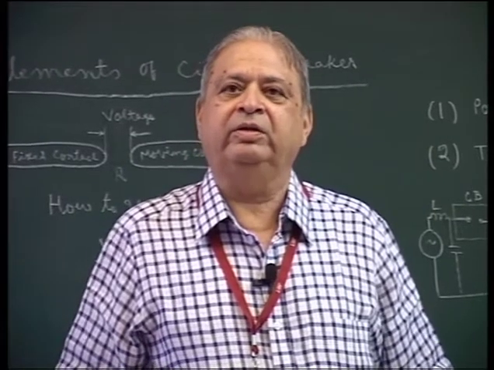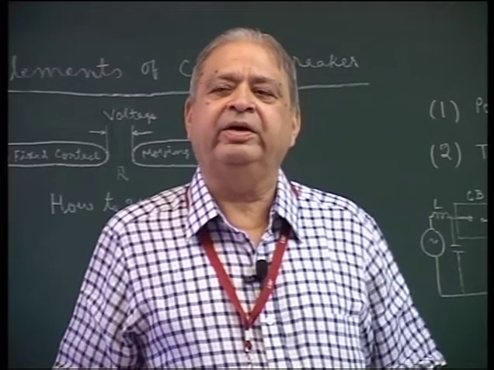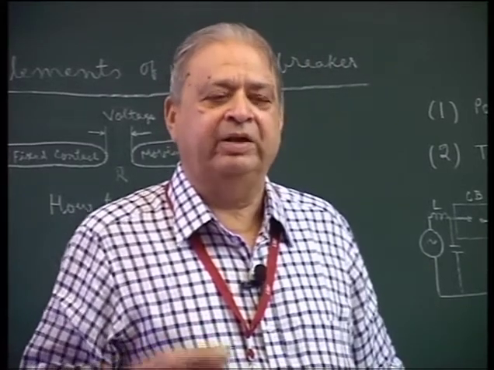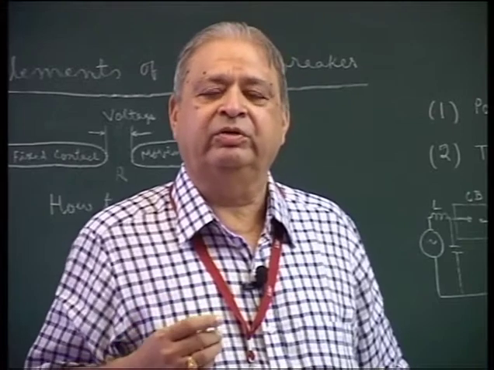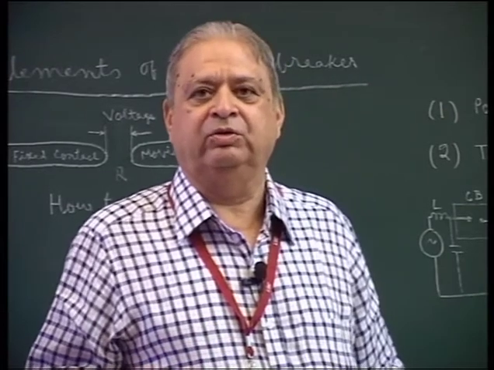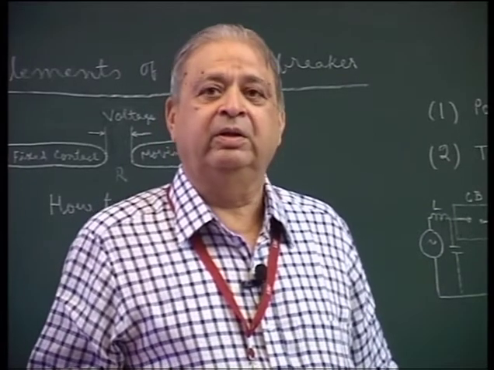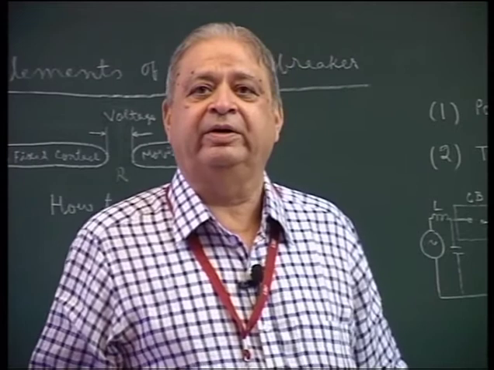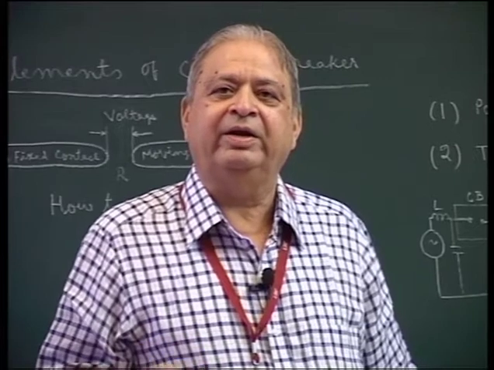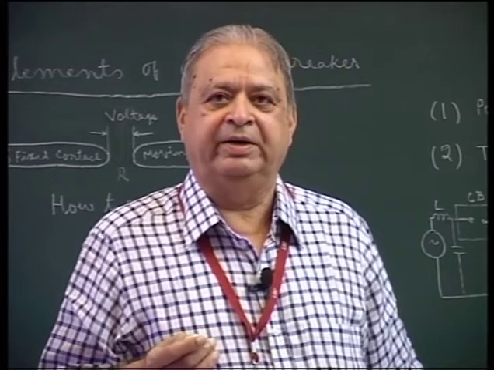So V square upon R is the heat generated in the contact region, and there is a certain rate at which we are removing the heat by conduction in the media, by convection in the media, by mechanical force developed to remove the ions away from it, and recombination of ions also, which may occur naturally. So the theory says if the rate of generation of heat due to V square by R is higher than the rate at which the heat is removed from the contacts, the arc will restrike.